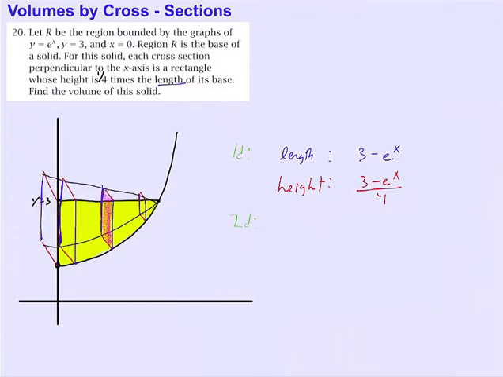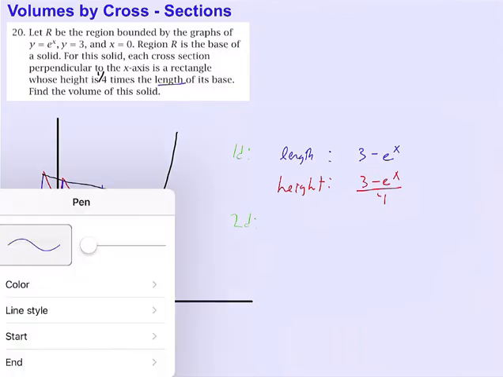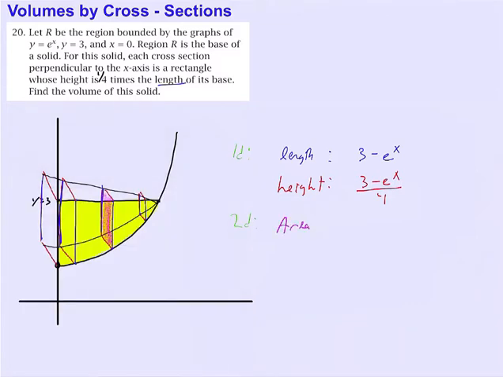Well, that cross-section is a rectangle, so its area should not be that hard to find. It's just the length times the width, which I call the height here. So it's the length times the height, which is the same thing, over 4. So 3 minus e to the x squared over 4.